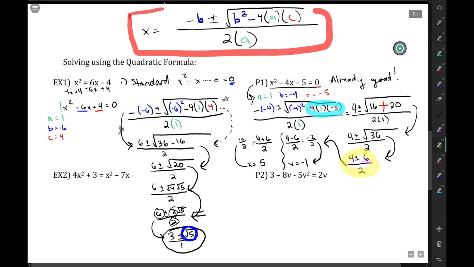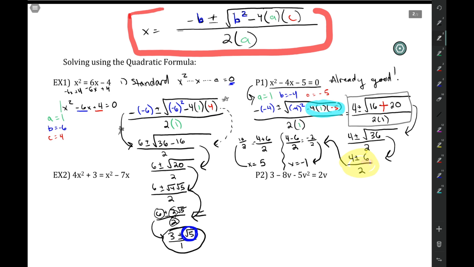Again, it's all about practicing. I will be content if you can come to class tomorrow and set up the formula. Simplifying is all from before. So awesome stuff. That's kind of the very basics. Again, using the formula.